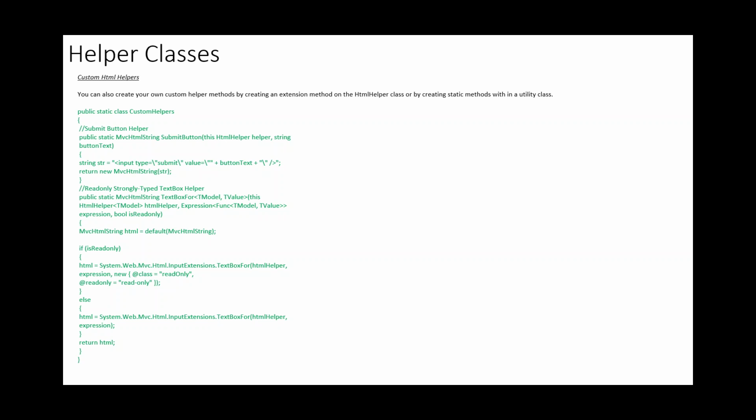Anything you need apart from these text boxes and other things, if you want your own control, you can write like this. So a submit button you can write, and then HTML helper expression. By default MVC is read only. Something like this you can write, but this is very minimal.